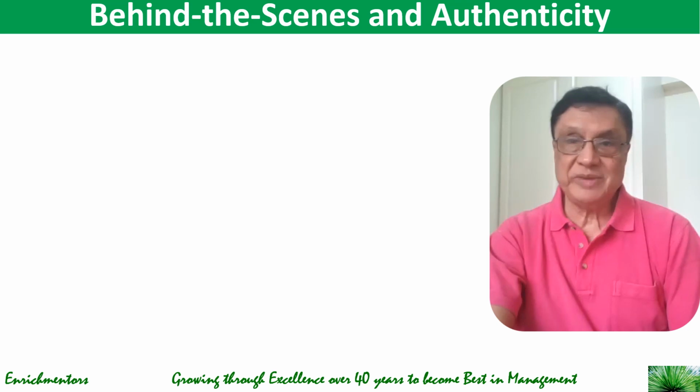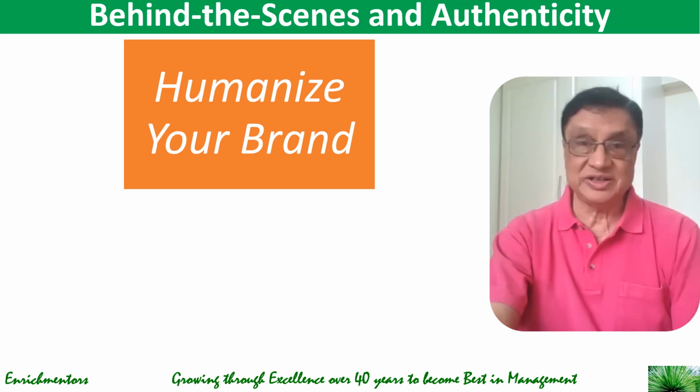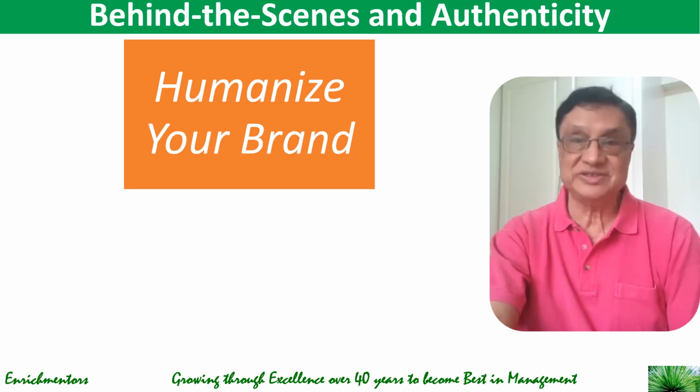We also make use of behind the scenes and authenticity. Humanize your brand by showcasing the human side of your brand, sharing behind the scenes glimpses. This adds authenticity and builds a connection with your audience. People love knowing the behind the scenes story.